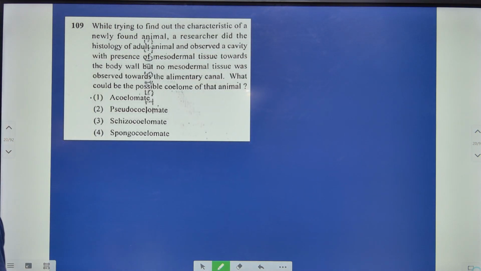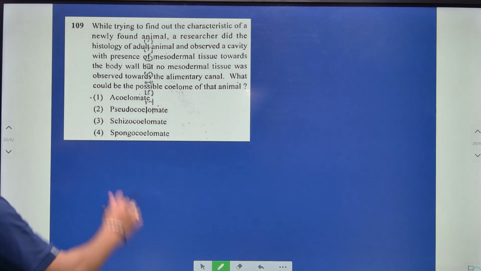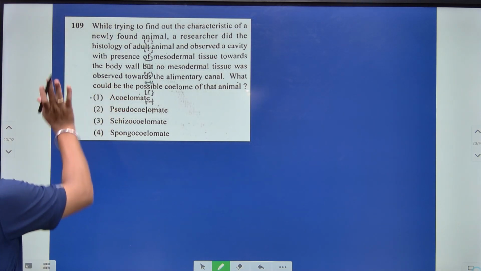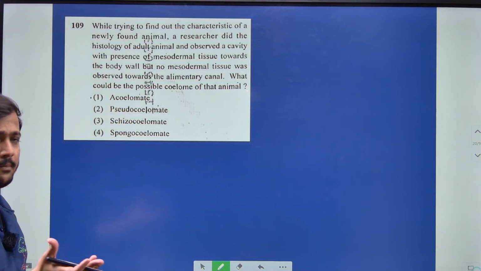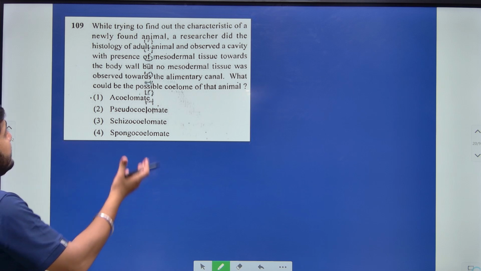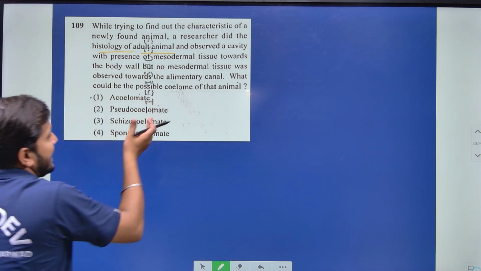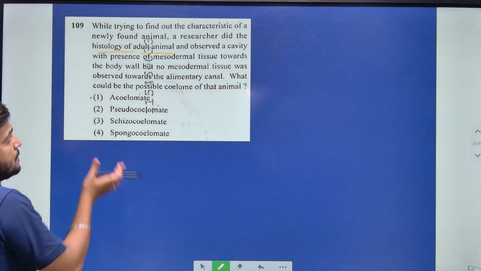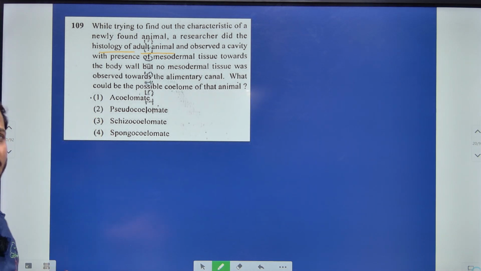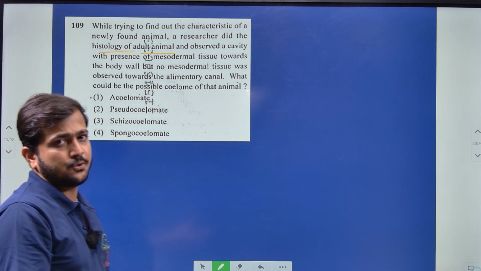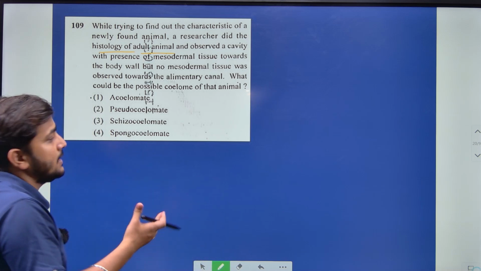Then moving on to the next: while trying to find out the characteristics of a newly found animal, a researcher did the histology of the adult animal. Histology means the study of the tissues, how the cells are arranged.